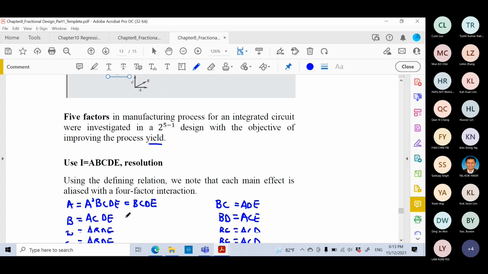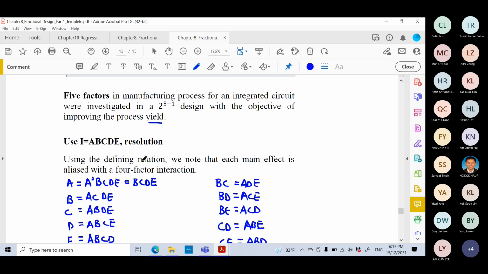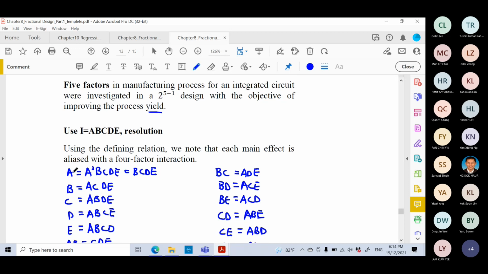Okay. So based on the defining relation here, we can find out the alias structure of all these effects. So the first one is A, you multiply on the left hand side A, and on the right hand side also A, you have A equal to BCDE. Similarly, for the factor B, you multiply with the I, you get the B. You multiply the B on the right hand side, your B becomes B squared.